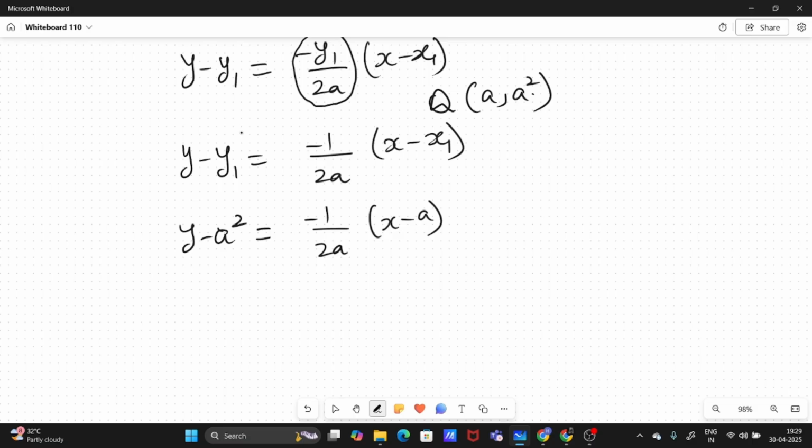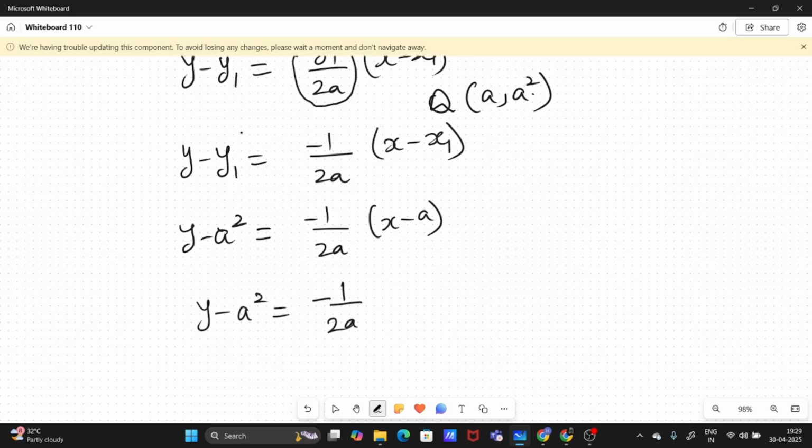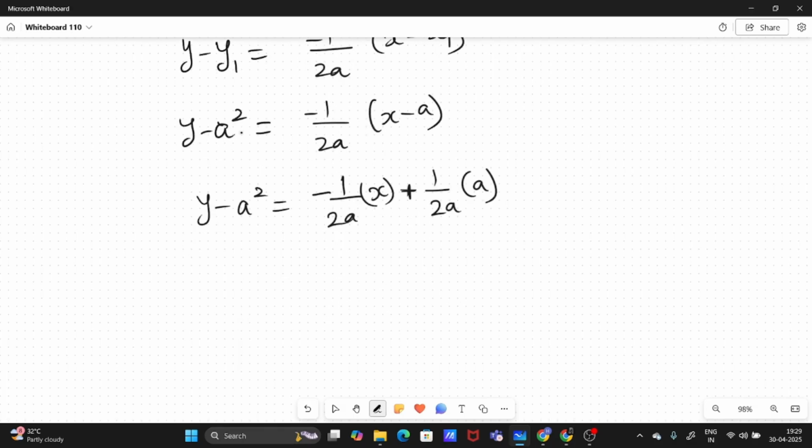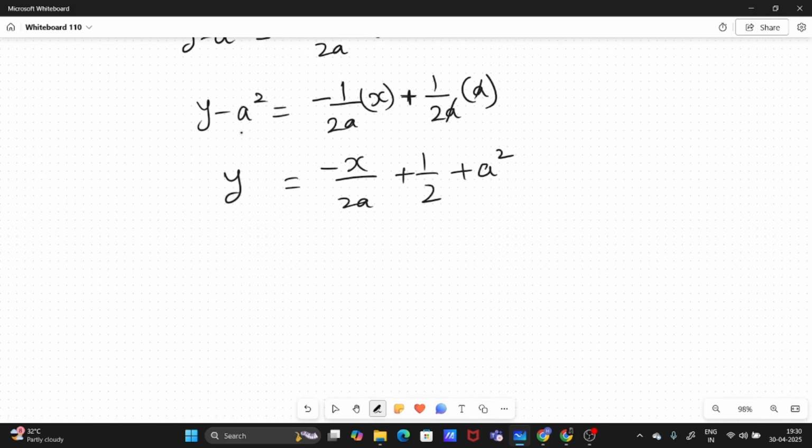Now you can multiply. y minus a square equals negative 1 over 2a times x, plus 1 over 2a times a, like a distributive property. Next, negative x over 2a plus, I can cancel this, 1 over 2. Let me bring this a square to the other side, it will be positive a square. So hence this is your equation, my friends.